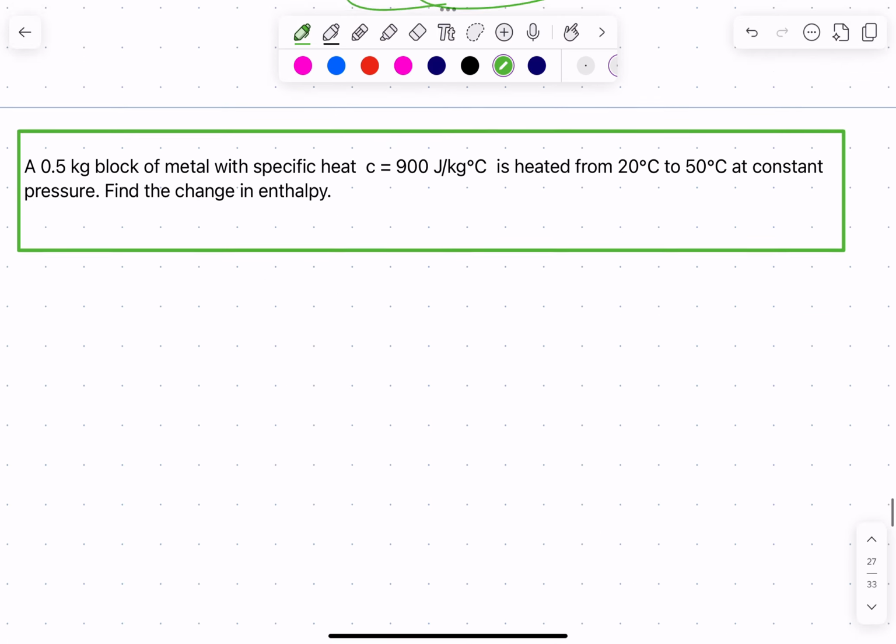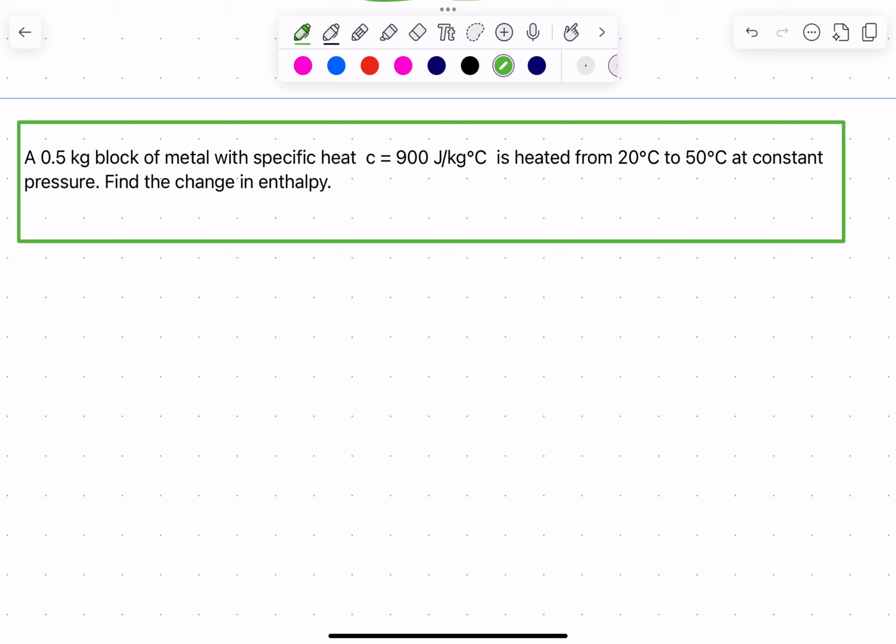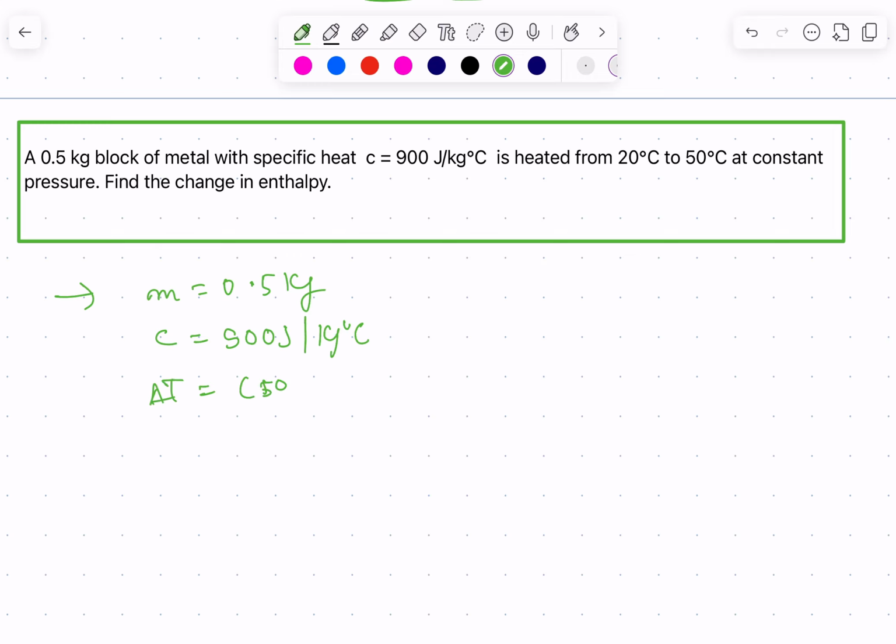All right, let's do the other question together, and then we move forward with the entropy. So the question is a 0.5 kg block of metal with specific heat capacity 900 joule per kg degree Celsius is heated from a temperature. We did this question already, I think, but anyways, let's do it again.